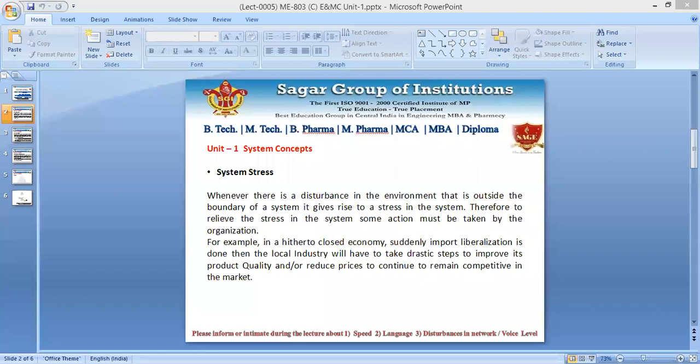Then comes system entropy. Entropy we understand in terms of thermodynamics, thermal engineering, we have studied. Entropy means randomness or a kind of disorder in a particular zone or a system as a whole. So this kind of order and disorder we have earlier understood in the entropy in thermodynamics, but we need to measure the system's energy of doing work, and also measure the disorder.